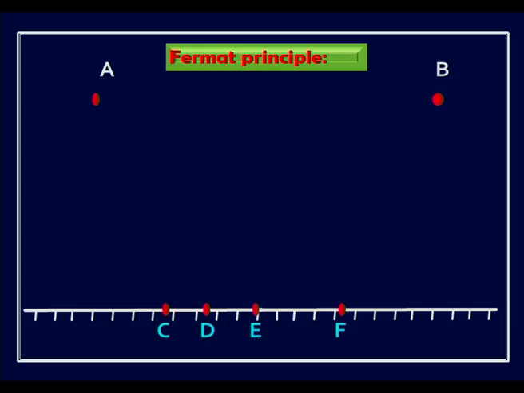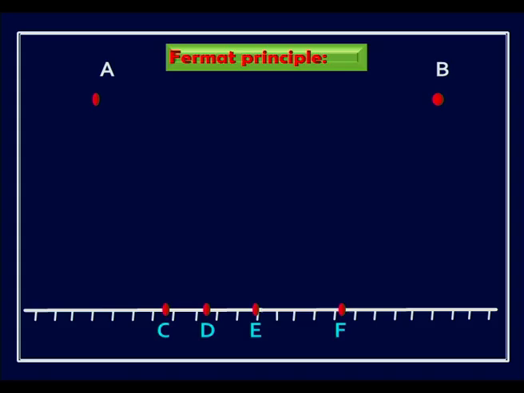Here the condition is light from point A travels toward the mirror by hitting any one point out of 4 points, and it should reach point B in a short period of time.